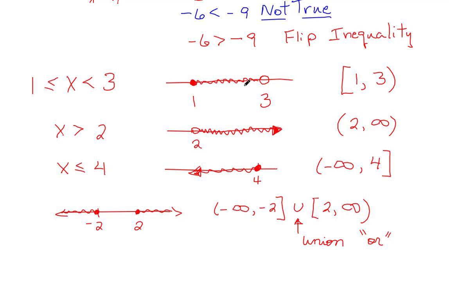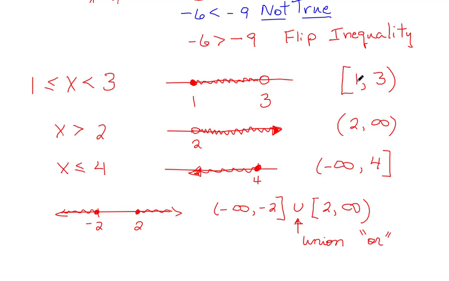Well, 1 and 3 are involved. Because of the equals, this is a closed-in dot. It's all the numbers trapped in the middle, so all of this is shaded. 3 is not included, and so that's an open dot. And so this is a graphical representation of all those numbers.